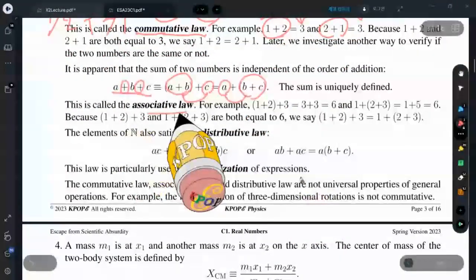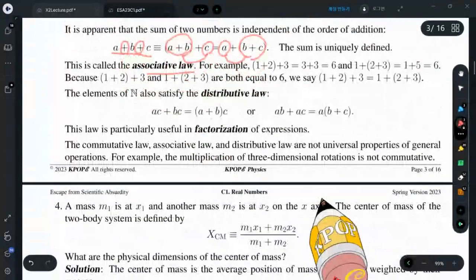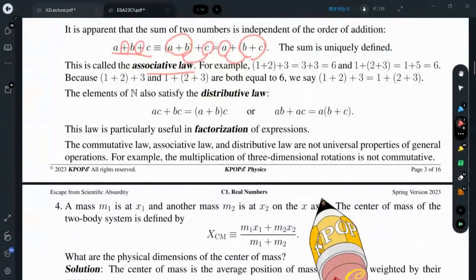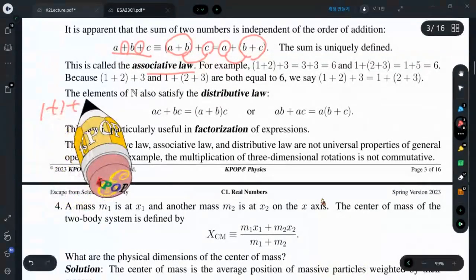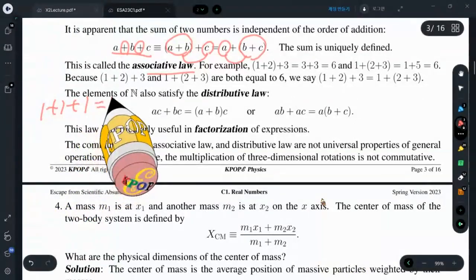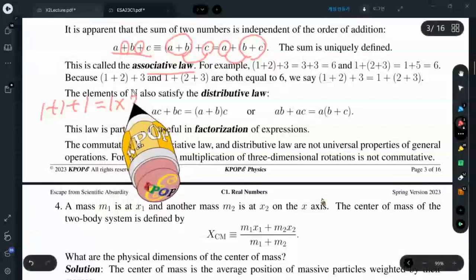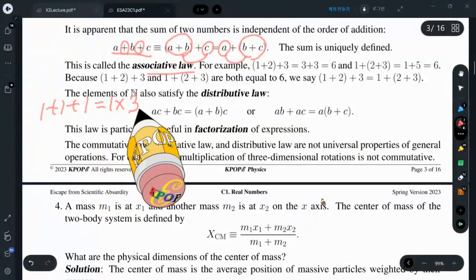So we studied the associative law, and we have addition and multiplication. Repeated addition is expressed as a multiplication. For example, 1 plus 1 plus 1, I don't want to repeat, it's very tedious. Let me write it: adding 1 by 3 times, 1 times 3 is 3. So multiplication is a kind of shorthand of repeated addition.